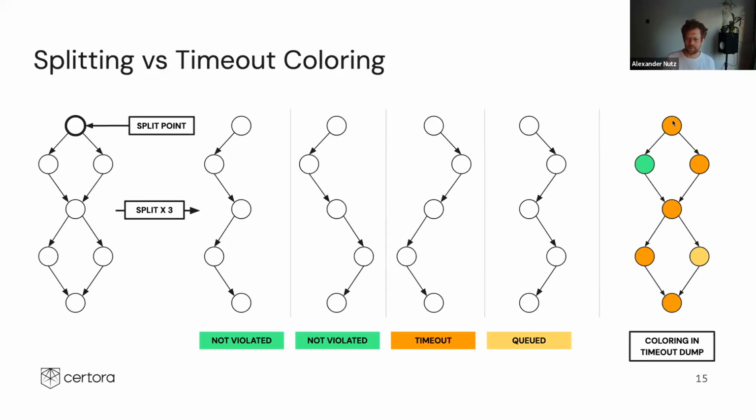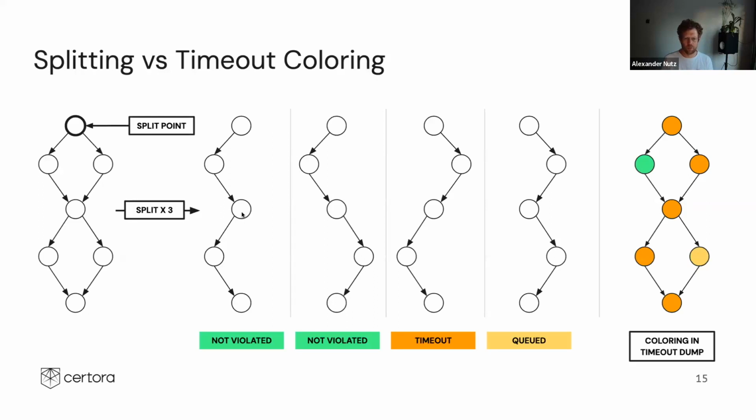So the orange basically shows you the subproblem that we timed out on. The yellow shows you nodes that we haven't looked at yet. And the green shows you nodes that we are sure about, whatever path we took, right?